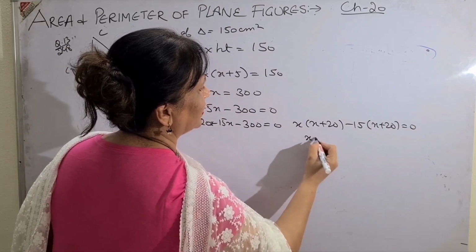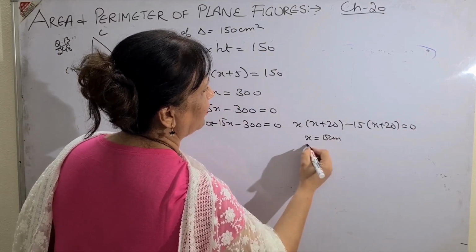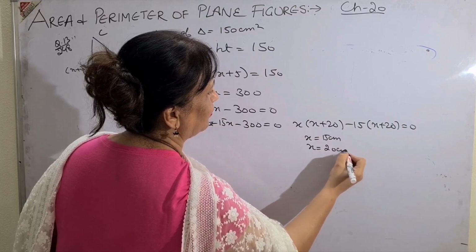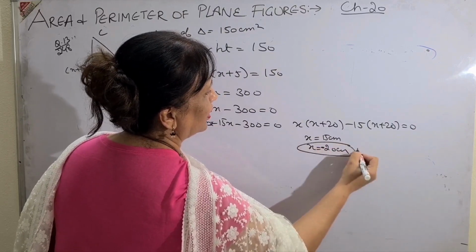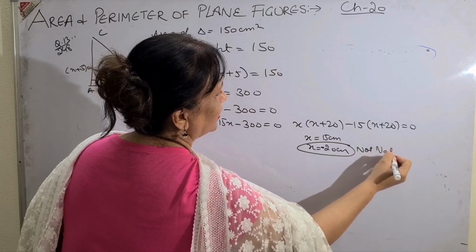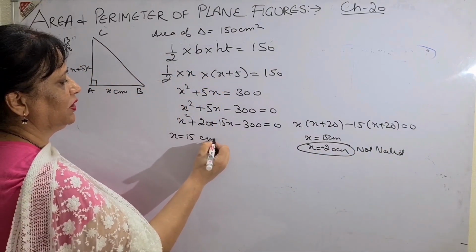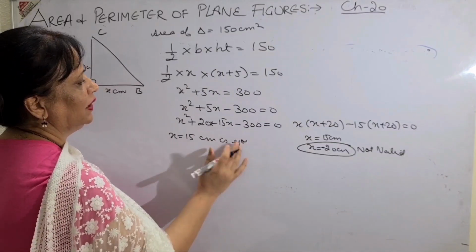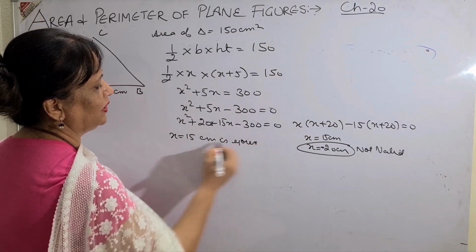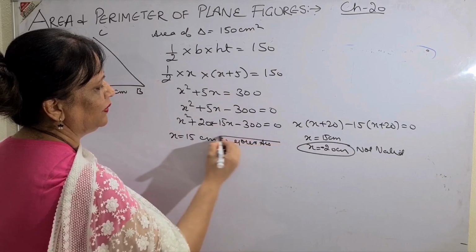Of course your answers are x is equal to 15 centimeter, and x is equal to minus 20 centimeter, but minus is not valid because x cannot be negative, hence x is equal to 15 centimeter is your answer. Now length cannot be negative, so this is your answer. You don't have to write this, I'm just explaining to you.